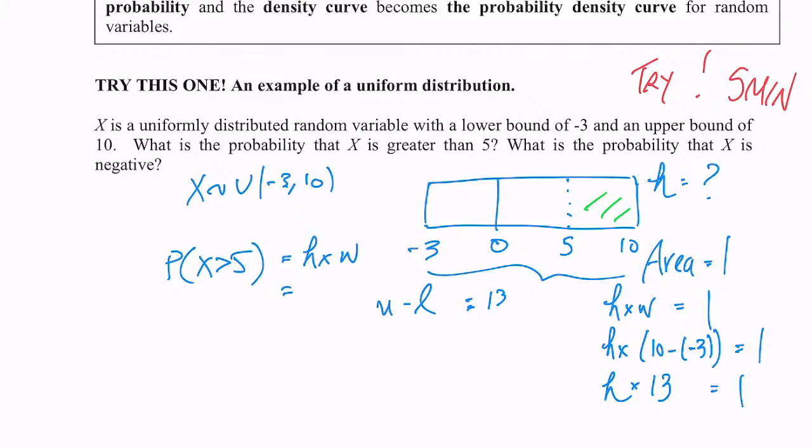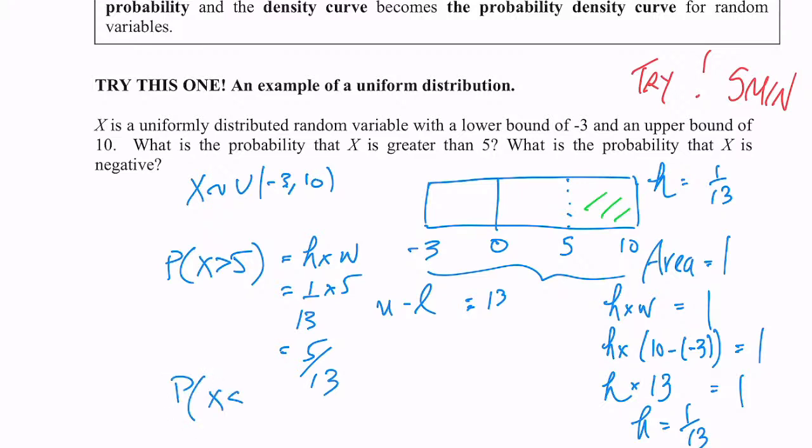So that makes the height equal to 1/13. Good, you guys did good. So the height would be 1/13, and the width of this area would be 5, so this is 5/13. And for the negative, what's the chance of being negative?